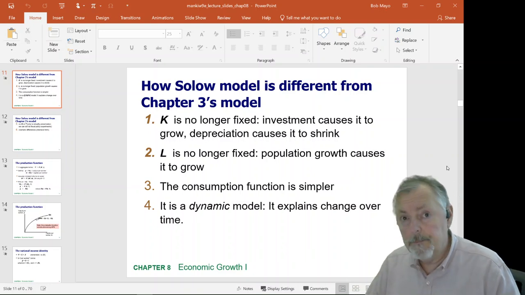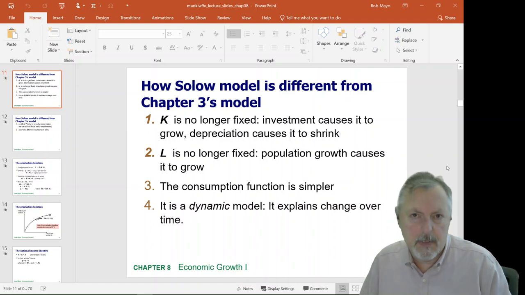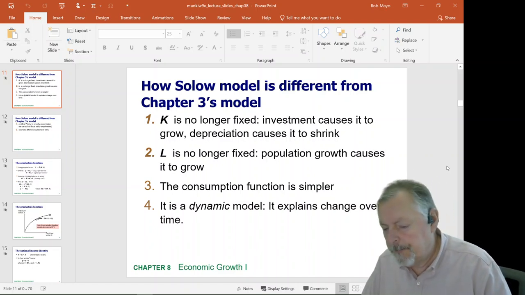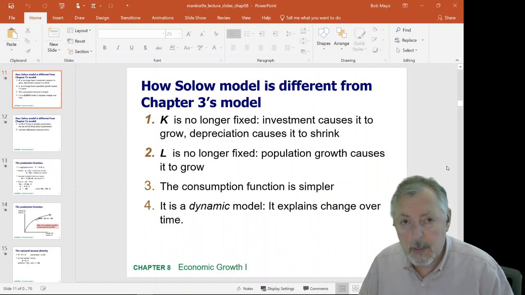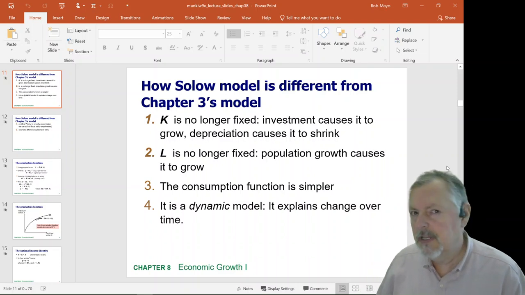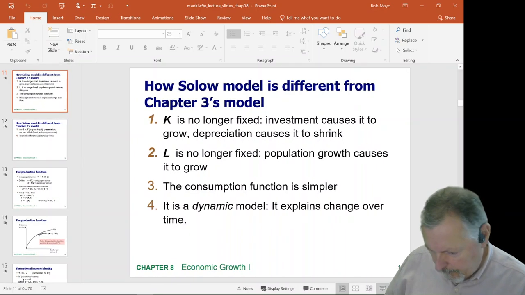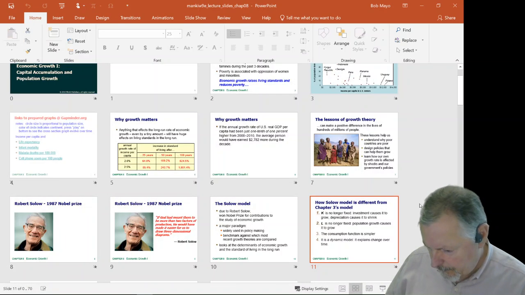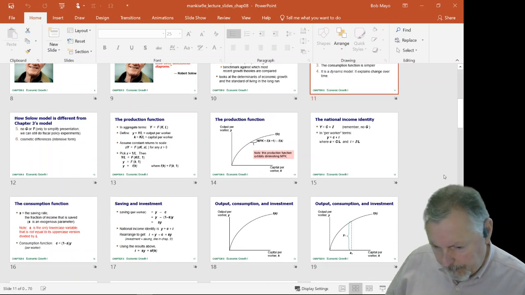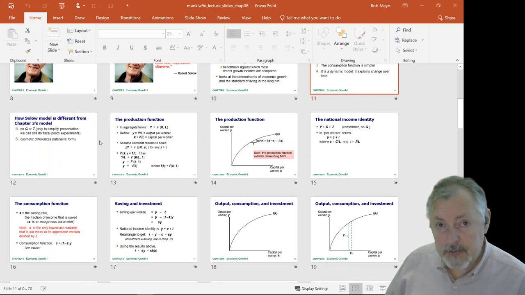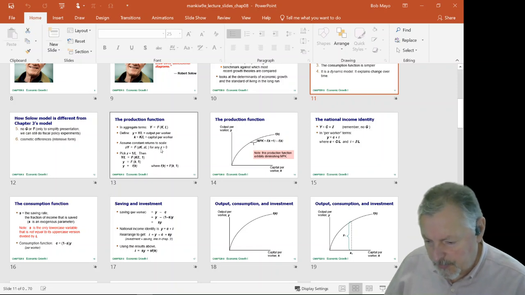Capital per worker, we call that effective capital. Output per worker, well, that's your standard of living. Okay, there's no government, no taxes in this model. Keeps it nice and simple.